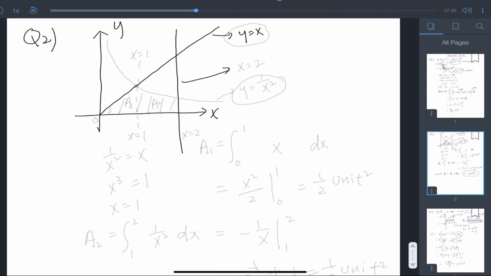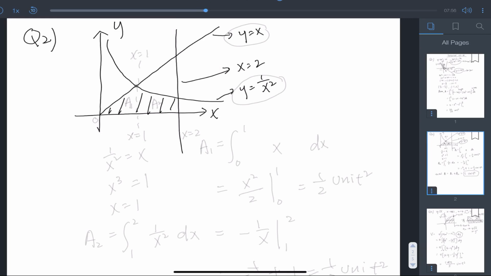This is the line x equals 2. Then the curve y equals 1 over x squared. If you don't know, you can assume any values for x and then plot this function. So the graph for y equals 1 over x squared looks like this. And also the x-axis, so it is bounded by this region.